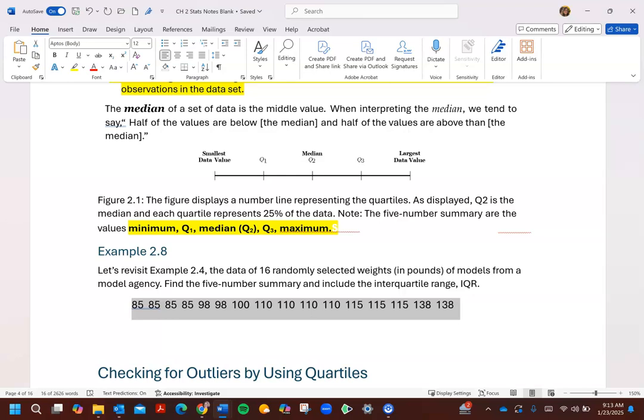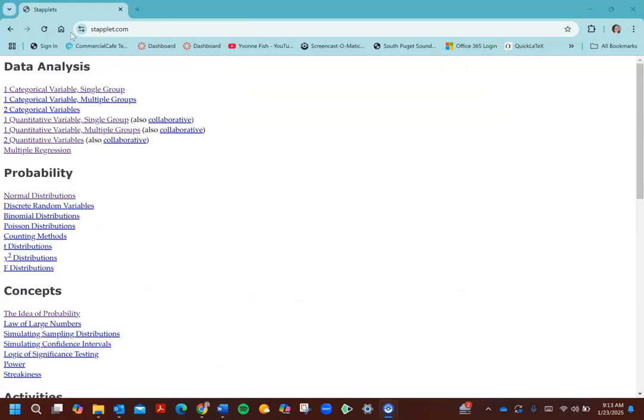And then we're going to go into our Stapplet online. Just a little refresher, just type in stapplet.com. This will pop up, or you might have to search to get it. And then we're going to do a quantitative variable, single group.